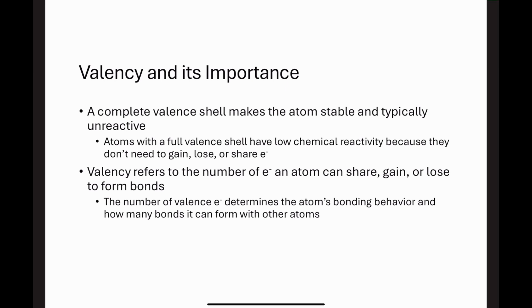And this donation is going to make carbon more stable because now it's moved to a lower energy state. It has a complete valence and it has less potential energy. However, because carbon has 4 valence electrons, it is more likely to form covalent bonds with other elements. And forming these covalent bonds is going to make carbon more stable.